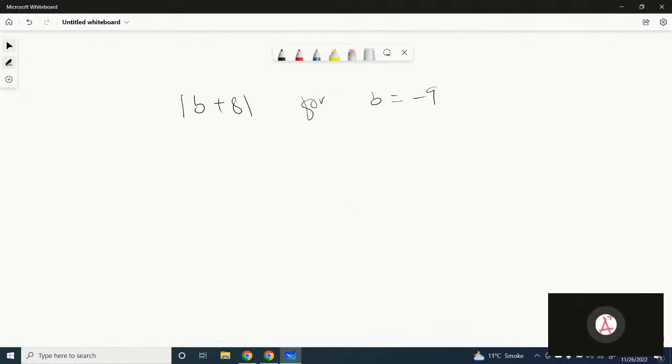Got it? Just replace b with the value. It would be -9 plus 8. Got it? You have to subtract them and put the sign of the greater number. 9 is greater, so it must be -1. Got it? The absolute value of a negative number must be a positive number. Got it?